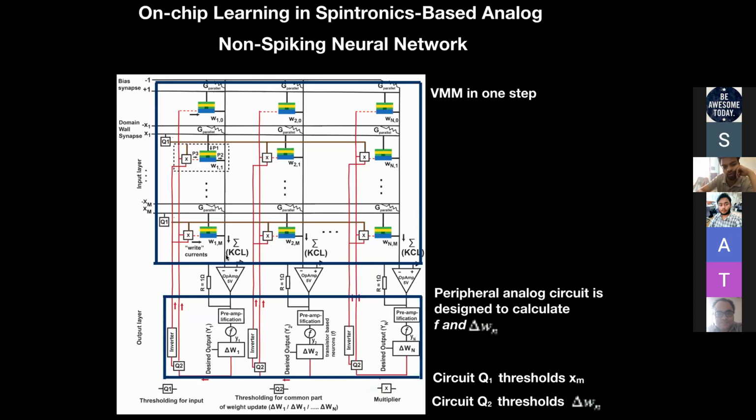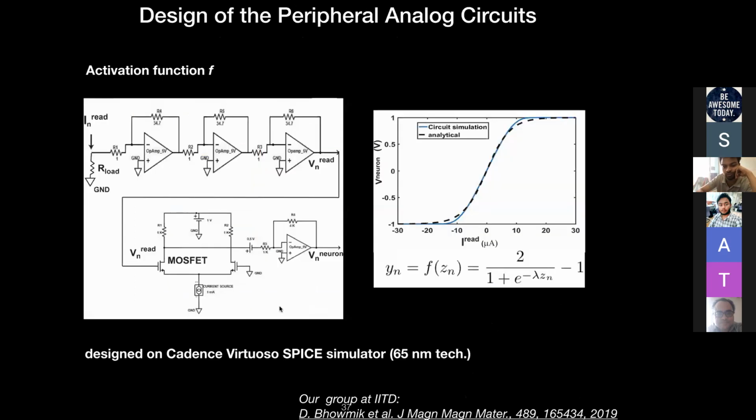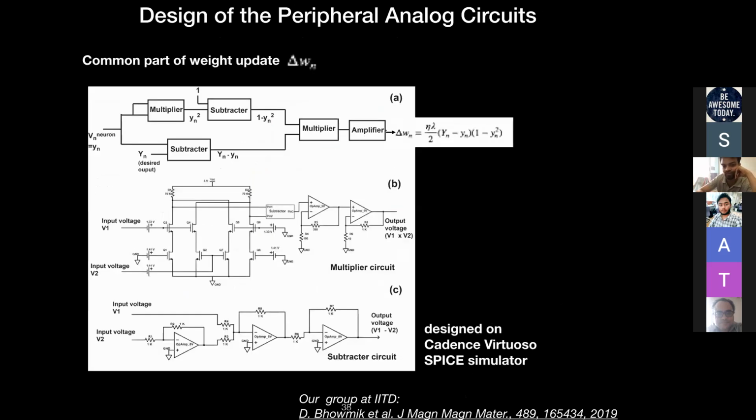So now on those outputs, we design peripheral circuits, analog peripheral circuits, which act like neurons. Make sense? And these neurons apply nonlinear activation functions, and you can design these neurons with different analog designs. For example, for a tanh neuron activation function, you can have a set of op-amps like this. Some people try to do these activation functions with magnets as well, and that's also doable.